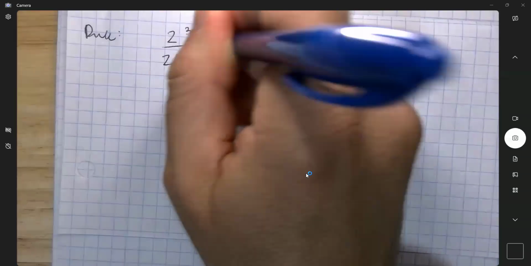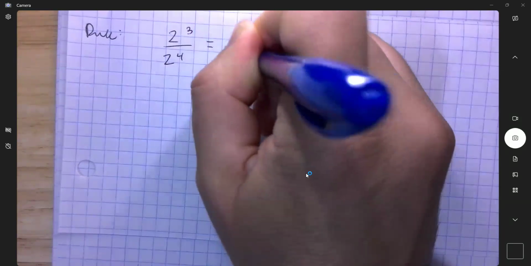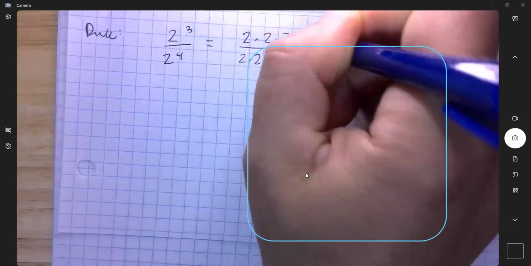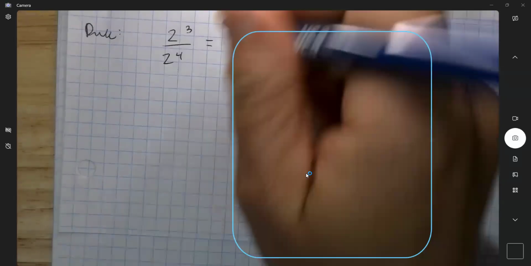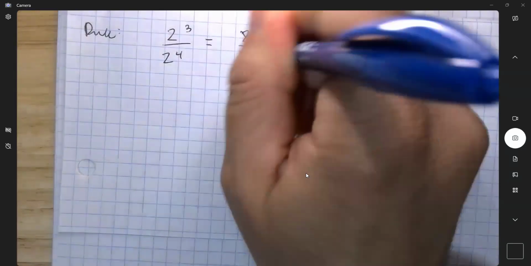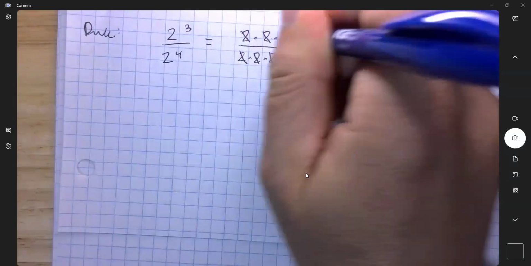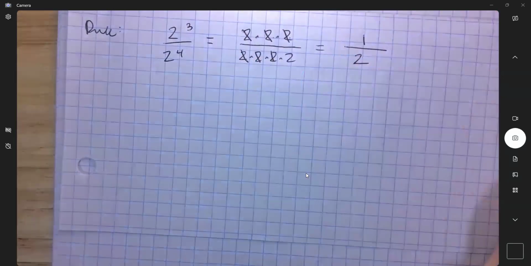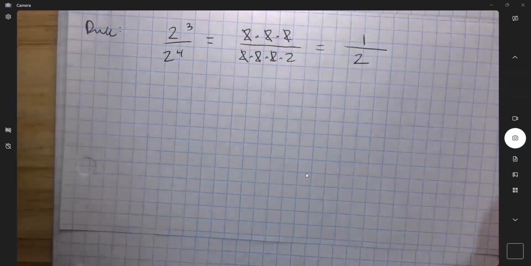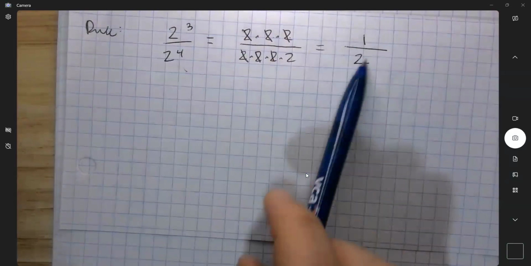Well, using what I know about exponentials, I can write that as 2 times itself 3 times, divided by 2 times itself 4 times. And after canceling, 2 times 2 times 2 all gets canceled into a 1, and 2 times 2 times 2 times 2 gets canceled into a 1/2. 2 to the third over 2 to the fourth is 1 over 2.